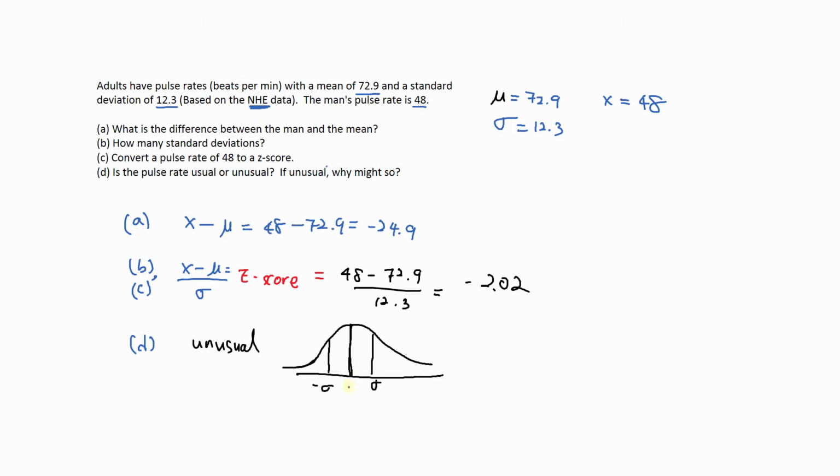And here's the mean, mu. And then the second one is right next to it. So you have 2 sigma and negative 2 sigma. The width of the sigma is actually very uniform, and it has to be uniform.